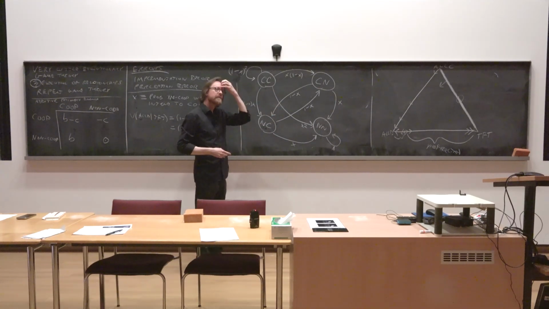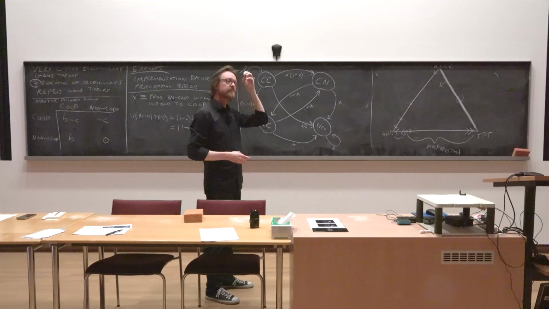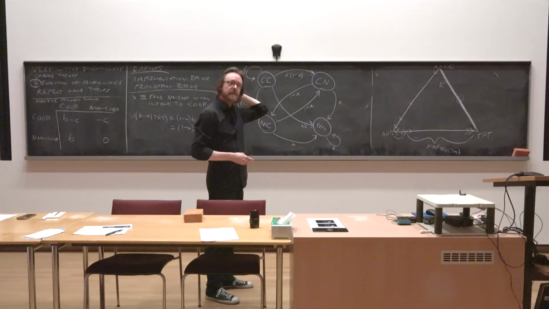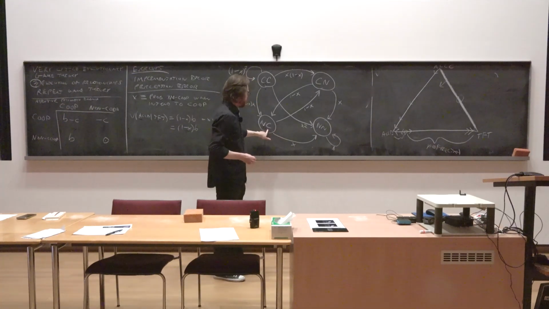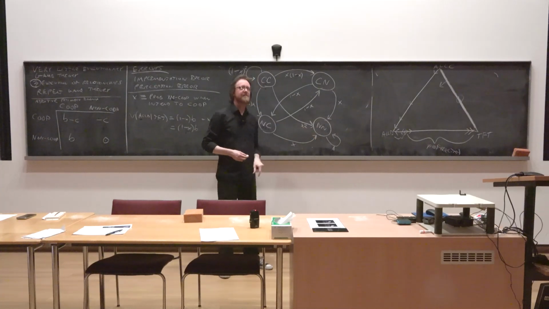I want to ask a short question. Before, you mentioned that when you end up in this non-cooperative state, you have the intention to defect, but actually it's not the intention to defect, it's that you still intend to cooperate but end up in mutual defection, right? If you go from here to here, you intend to cooperate, and the other individual makes a mistake, and now you're in mutual defection.